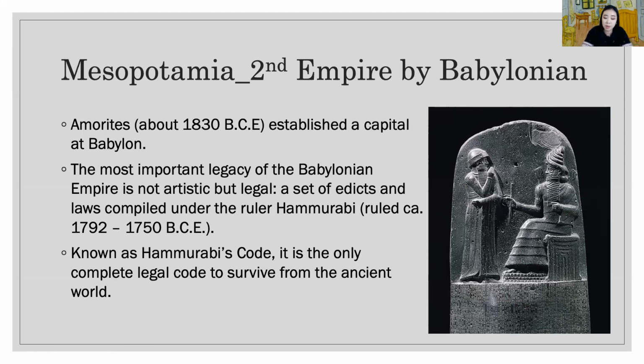Known as Hammurabi's Code, it is the only complete legal code to survive from the ancient world, and it has provided historians with valuable insight into the structure and concerns of Mesopotamian society.